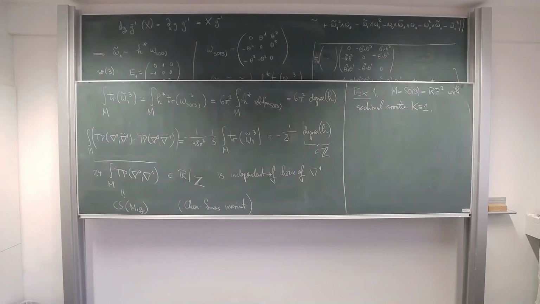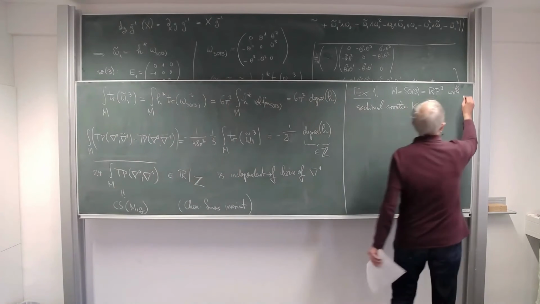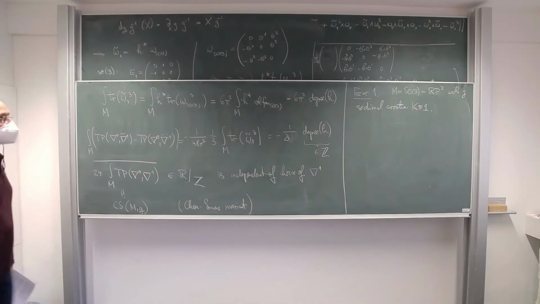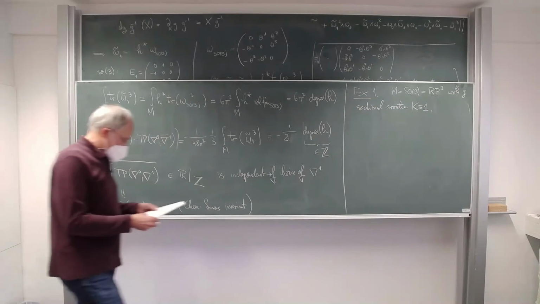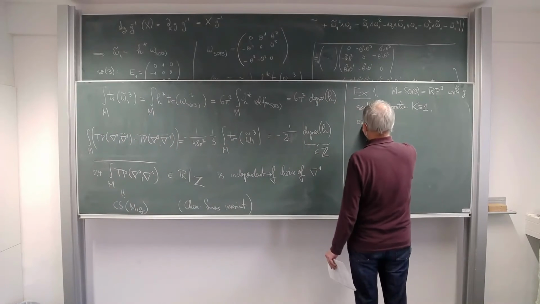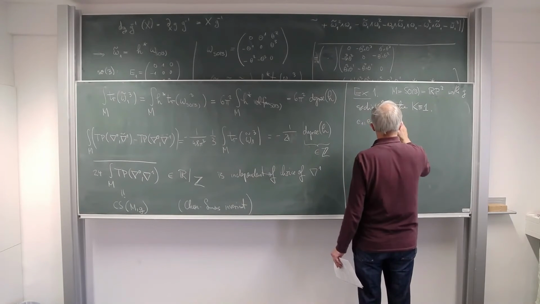And now, what is its Chern-Simons invariant with the standard round metric g? So we have these orthonormal fields that we have introduced earlier. It's a global orthonormal basis.